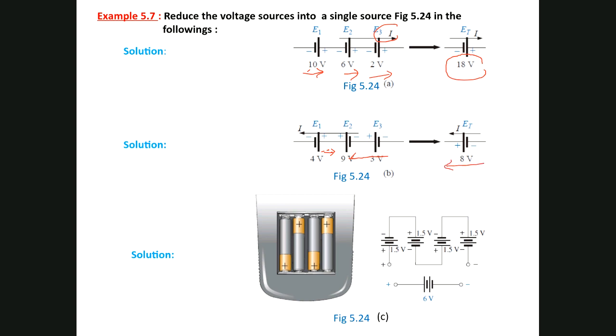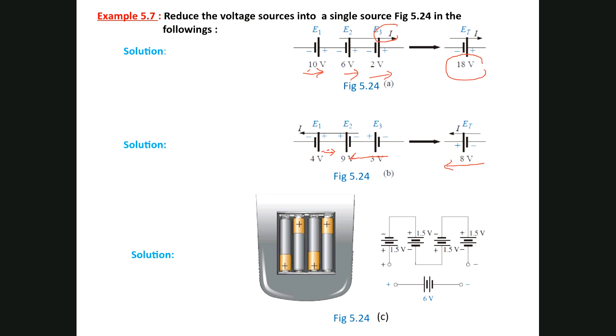How about a real example in our life for adding the DC sources? The remote control for the TV, or, let's say, a projector or toys for kids.